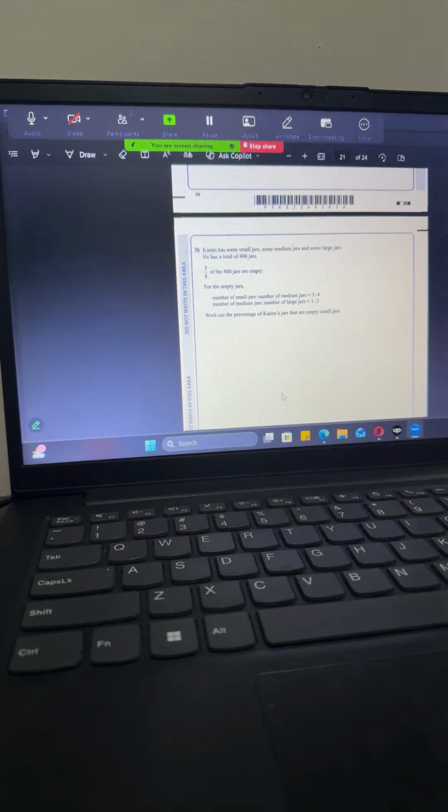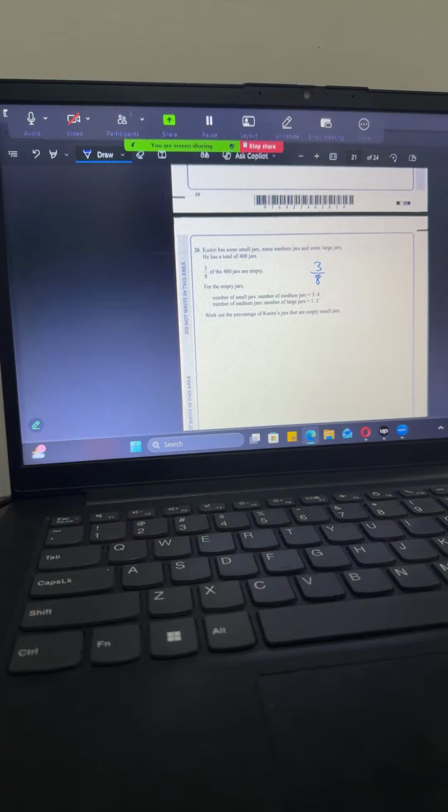Are you able to do it, Yusuf? I forgot how to work it out. I said that first you need to find out how many empty jars there are, right? Yeah. You said that we have to do 3 over 8 times 400, right?